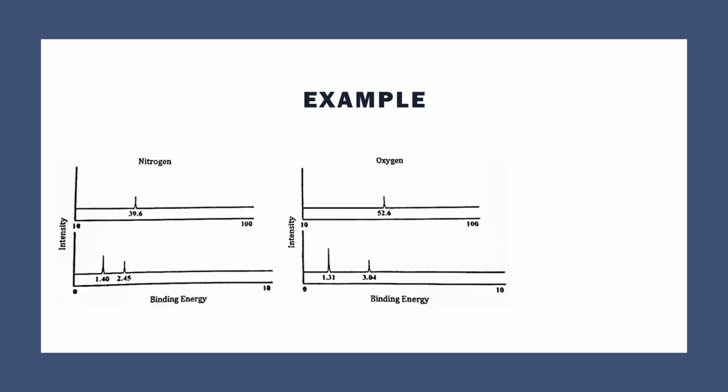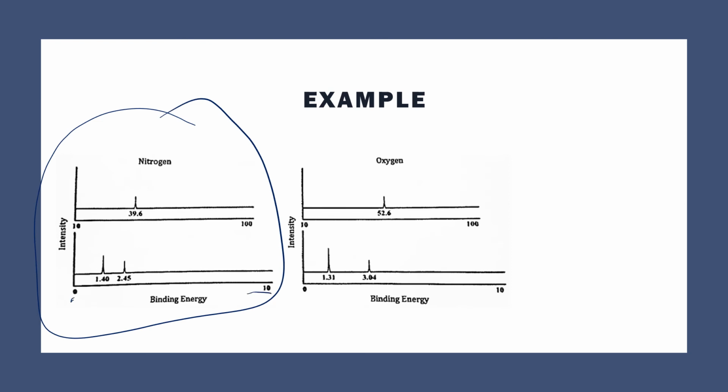Occasionally they'll ask you to compare. There's 2 graphs here. I know it looks like 4, but there's only 2 graphs here. It's just the scale is kind of wonky. So for just looking at nitrogen, this goes from 0 to 10, and this goes from 10 to 100. So this is still the highest energy because it's close to 100. Its highest energy is always 1s.